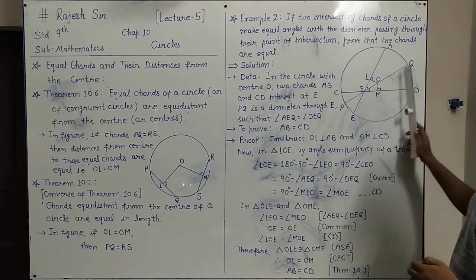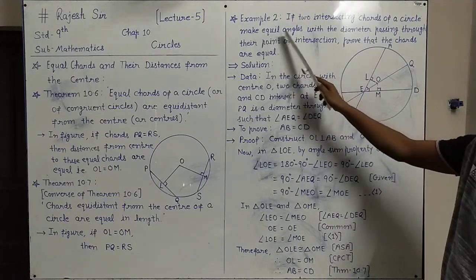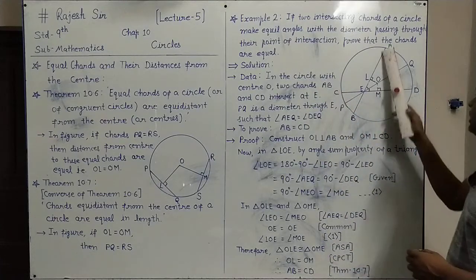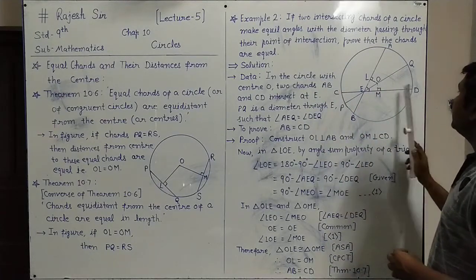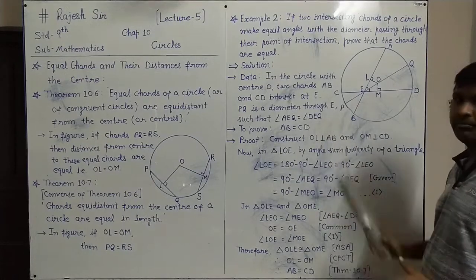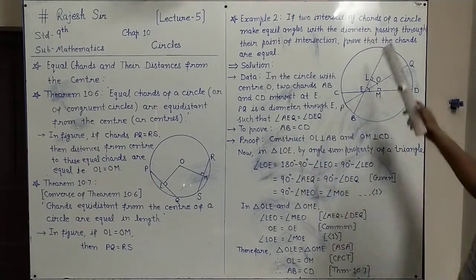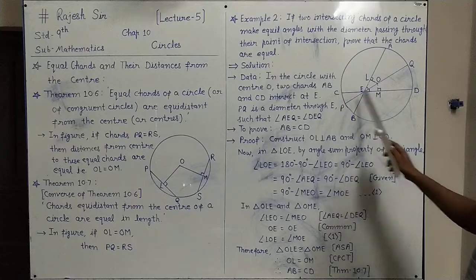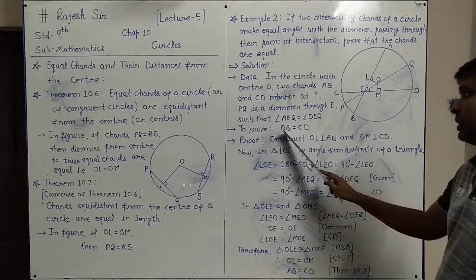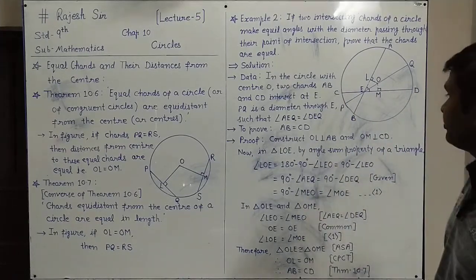Both are equal angles given. So angle AEQ equals angle DEQ, it is given. To prove, we want to prove that the chords are equal. Chords AB and CD are equal, that means AB equals CD.